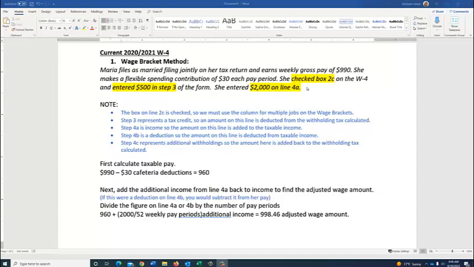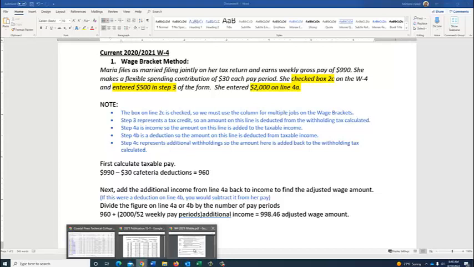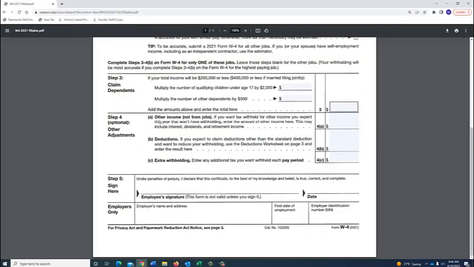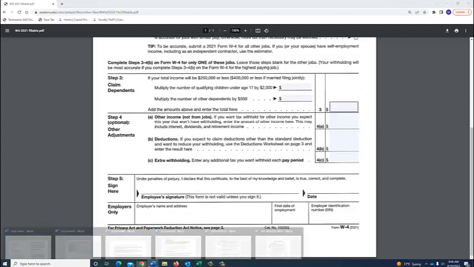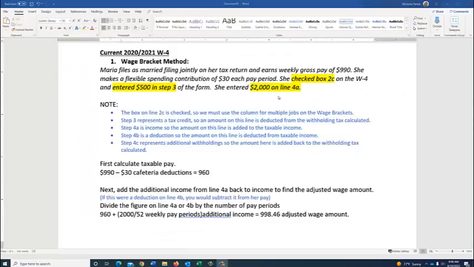So for example, it says she entered $2,000 on line 4A. So let's just look at line 4A here. It says other income not from jobs. So this might be from some kind of interest or investment income. Maria has reported an additional $2,000 of income for the year.